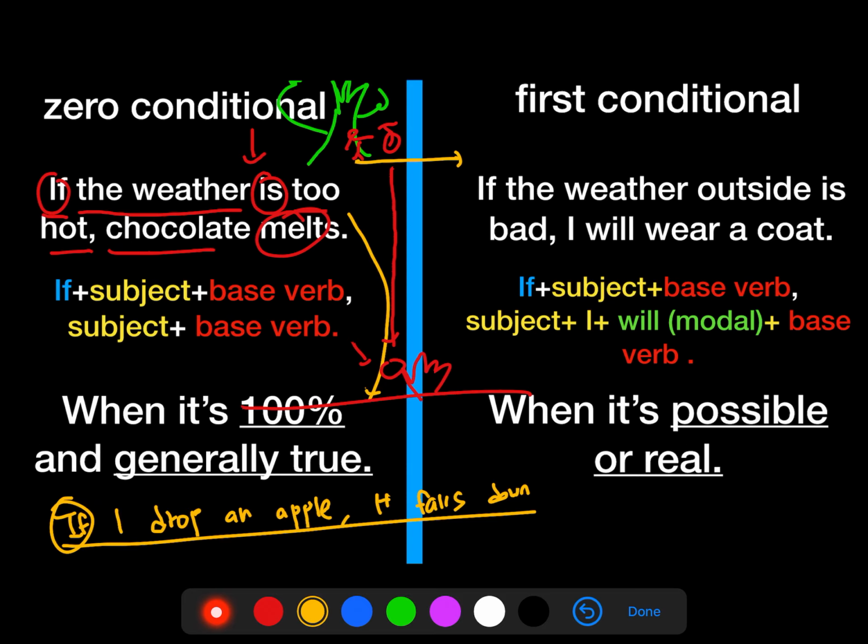We use the first conditional when we want to talk about something which will happen or may happen. When it's possible or real, we use it. We imagine it is going to happen.